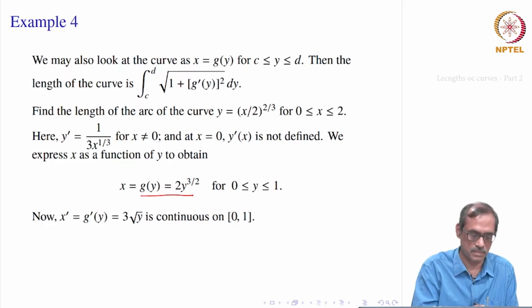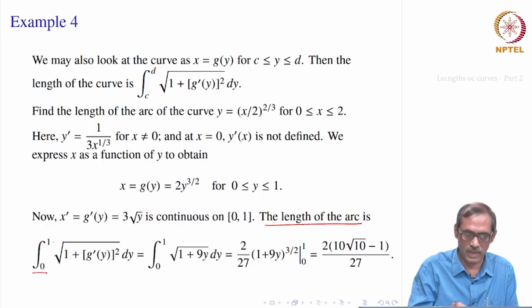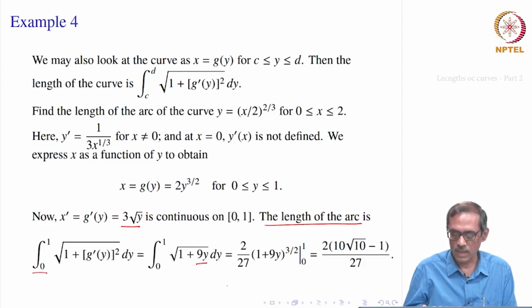So, we need continuity. So, now we take the length of the arc, which is equal to the integral from 0 to 1, y varies from 0 to 1, square root of 1 plus g prime y square dy, and g prime y is 3 root y. So, its square is 9 y, it is square root of 1 plus 9 y. So, again you substitute 1 plus 9 y equal to u.